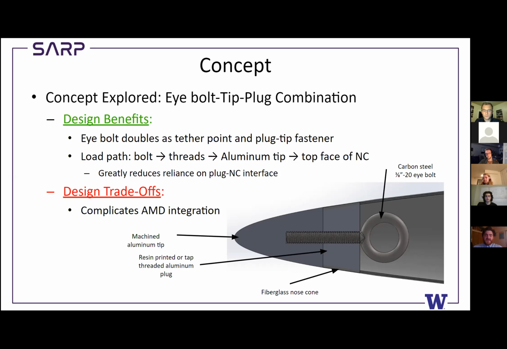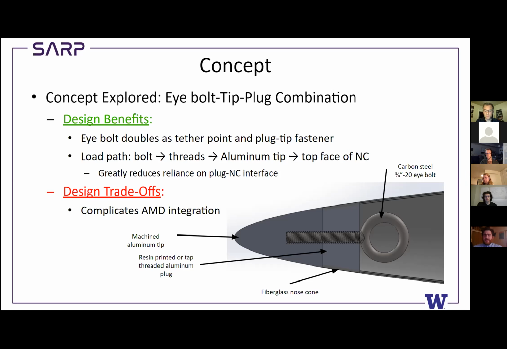Inside the Nosecone, on the right, that lighter gray is the Nosecone plug, which will be either resin printed or machined from aluminum. The eye bolt's there, and on the outside, towards the bottom and surrounding the plug, we have the Nosecone surface.